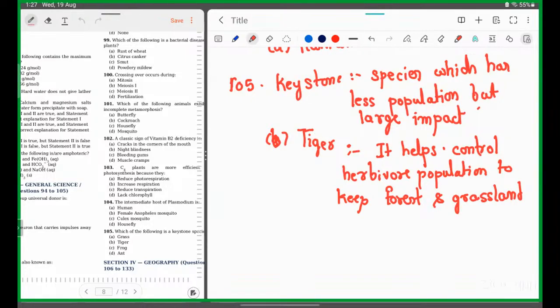So the tiger hunts herbivores, because of which their numbers are stable. So the growing of grass and grazing is also stable.